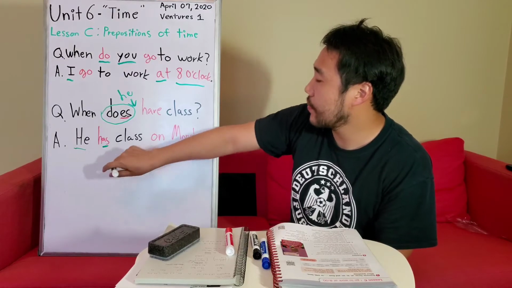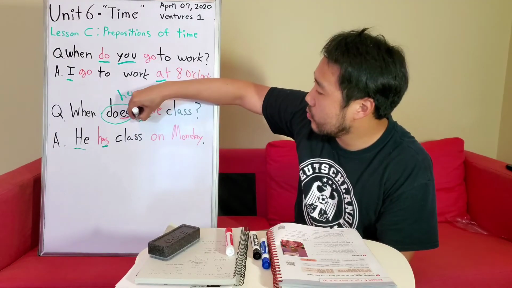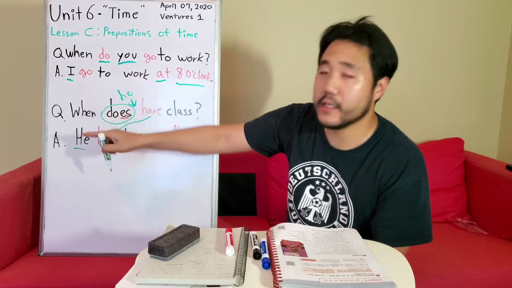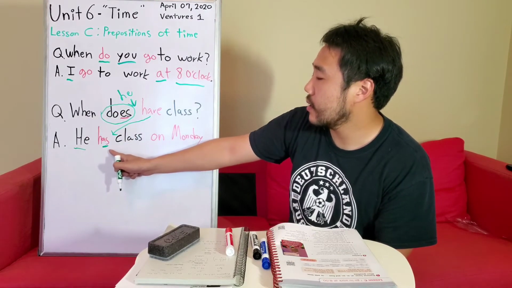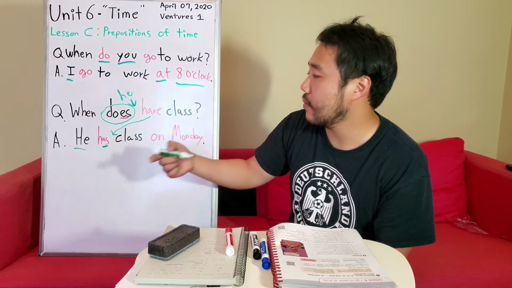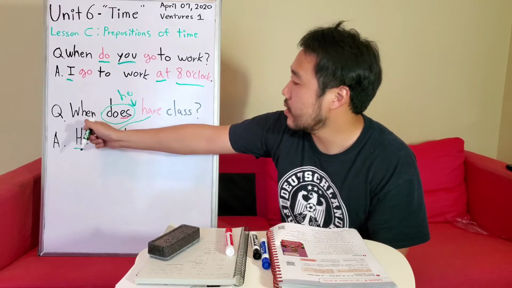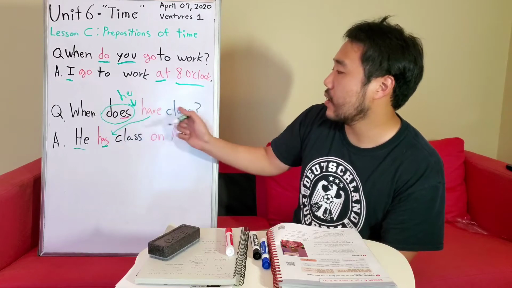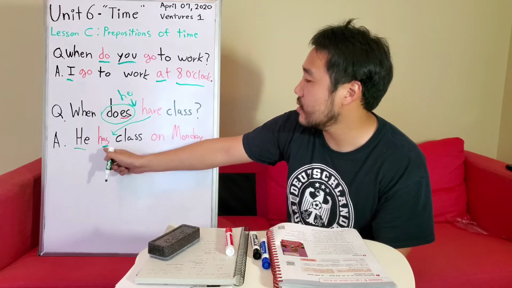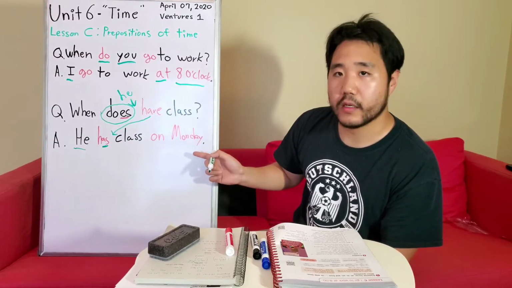So in this case, the have would turn into has, and this rule is the same for she. So if it was, when does she have class? She has class on Monday.